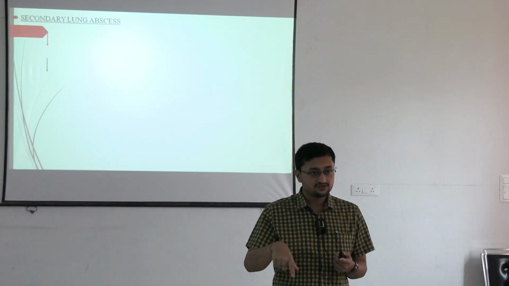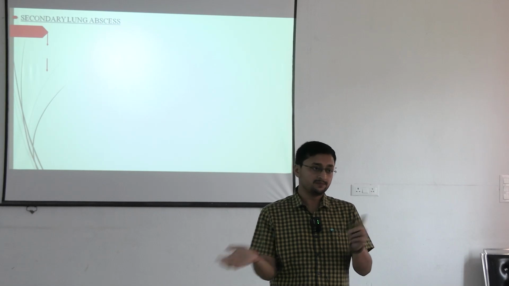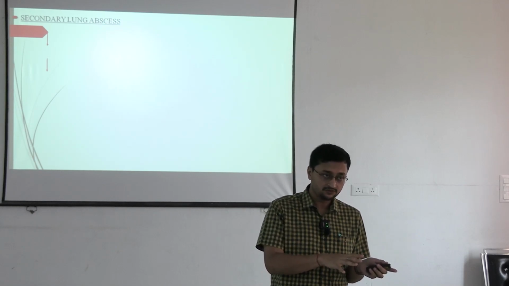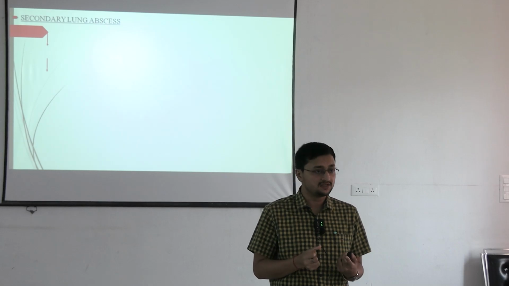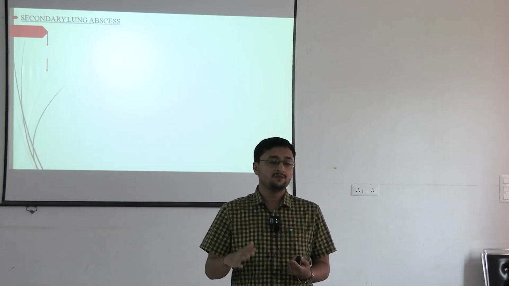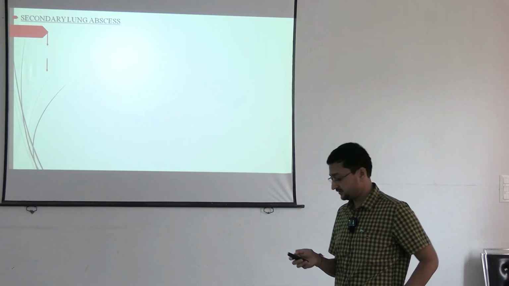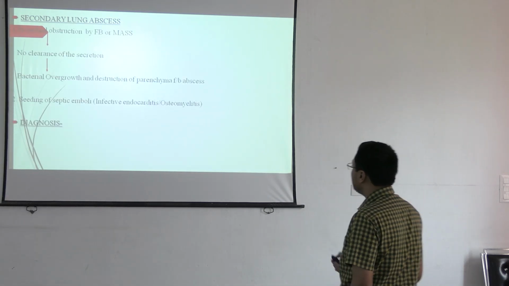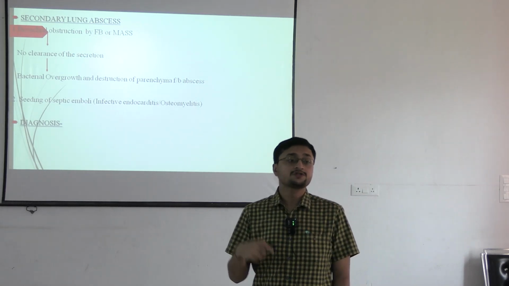Because of this stasis, necrotizing inflammation occurs in that area by invading organisms, because the bacterial load is higher, as organisms have been stagnating there for many days. That leads to destruction of the parenchyma and formation of a cavity, the lung abscess. So this is post obstructive lung abscess. Another cause is seeding of septic emboli from infective endocarditis or osteomyelitis.